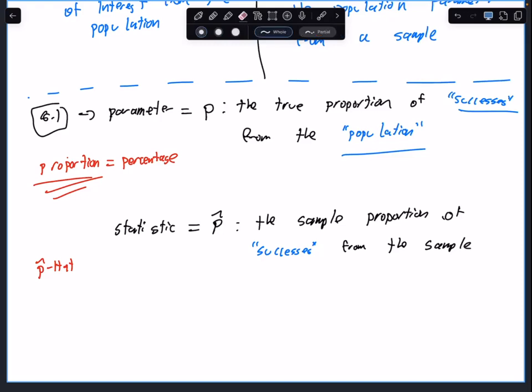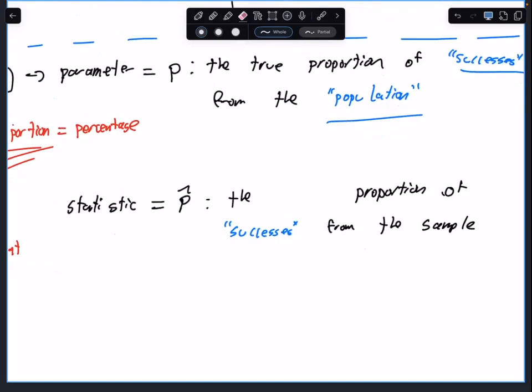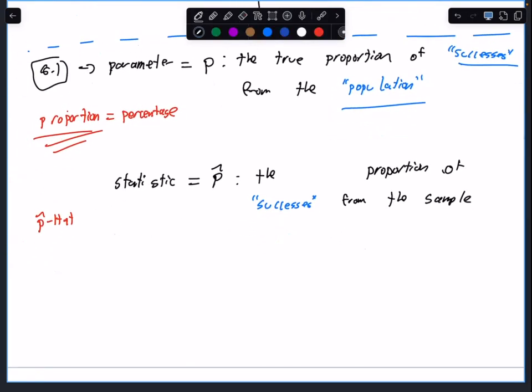I guess I don't need to. It's the proportion of successes from the sample. There's no need to repeat the word sample. And P hat is equal to X over N. The number of observed successes divided by N. Okay?